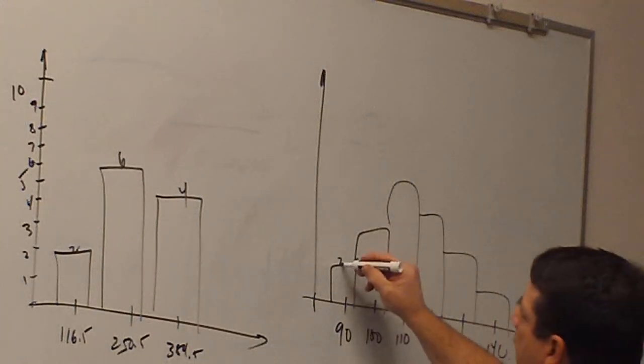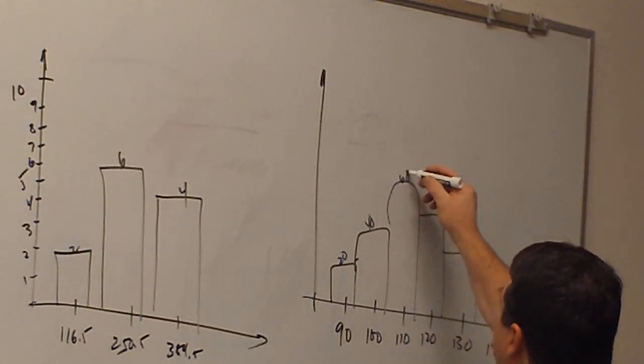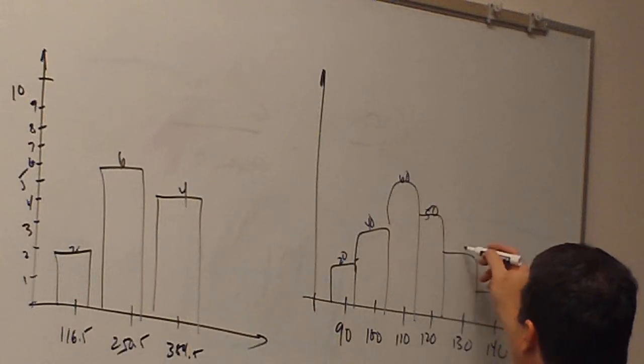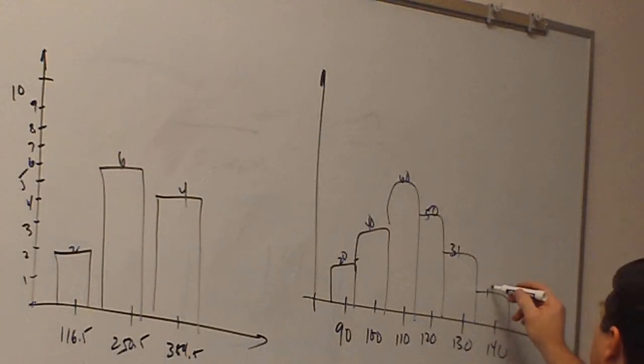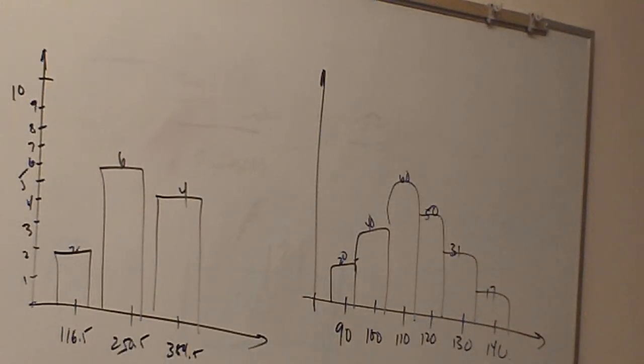So we have 20, 40, 60, 50, 31, and 70. Let's say we have that histogram. And they said, what's the class width of that histogram? What would the class width be? What is the class width of that histogram?